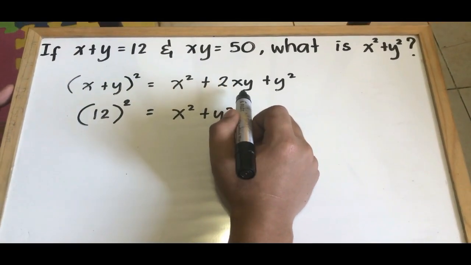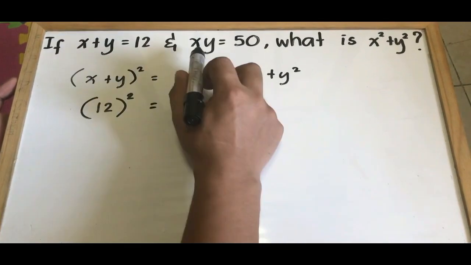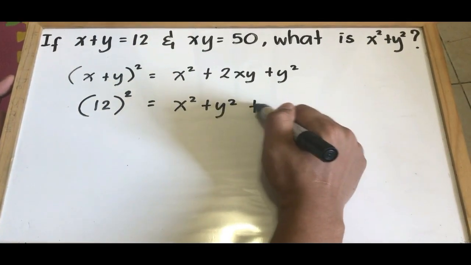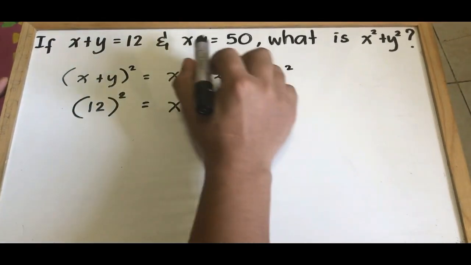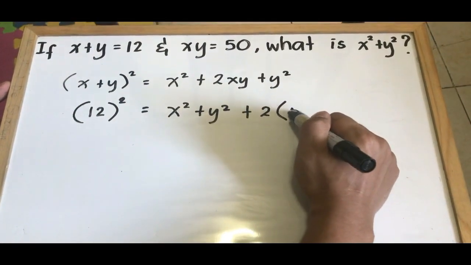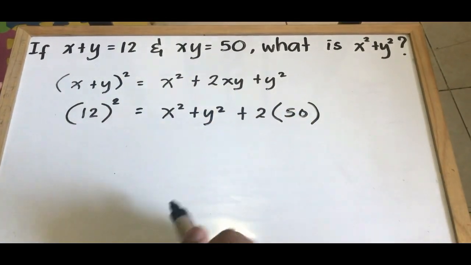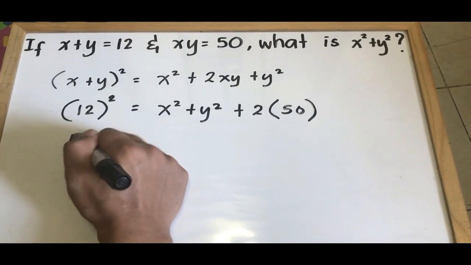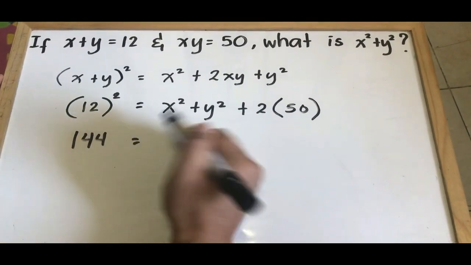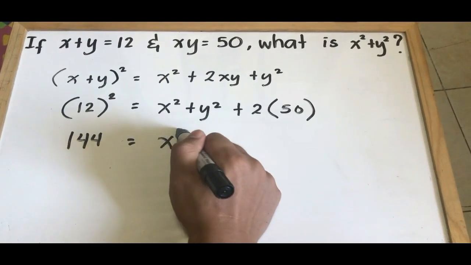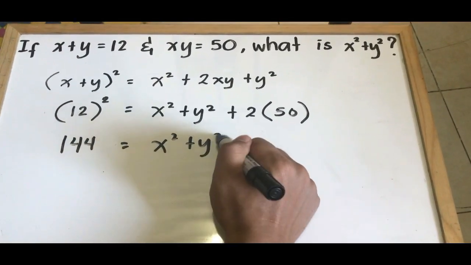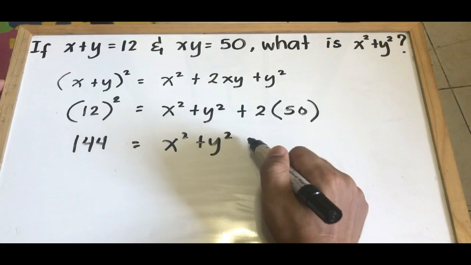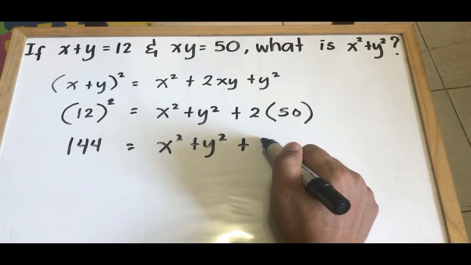Now we have the value for xy, which is 50. So plus 2 times xy is 50. 12 squared is 12 times 12, 144. Copy x squared plus y squared. 2 times 50 is 100.